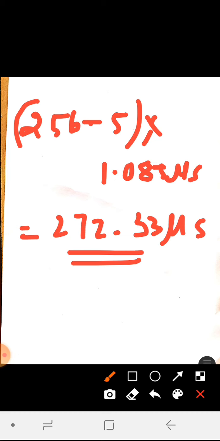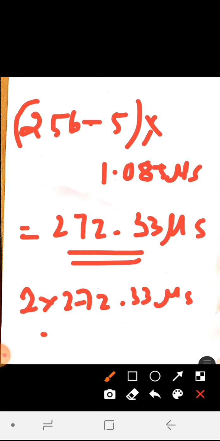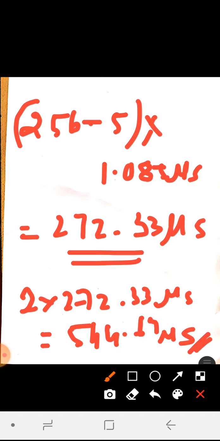If you want both high and low, then the period will be twice, so 2 × 272.33 microsecond, which is equal to 544.67 microsecond.